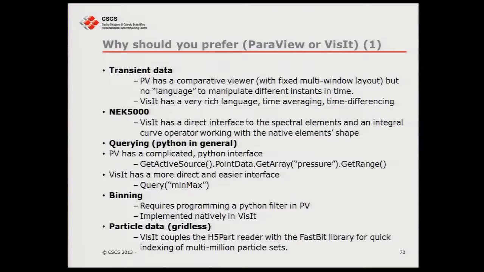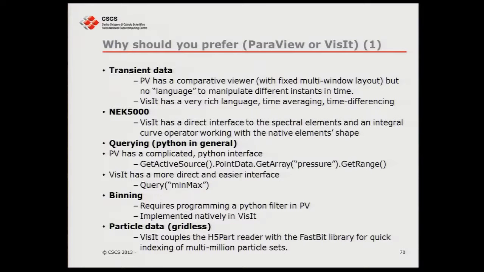Seems like a pretty trivial thing to do. Not so. You have to program it in Paraview. Whereas in Visit, I have a graphical user interface for the tool, and I ask for my longitudinal average. So there's some difference.